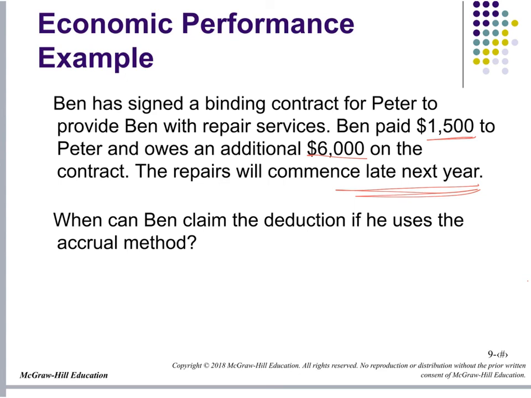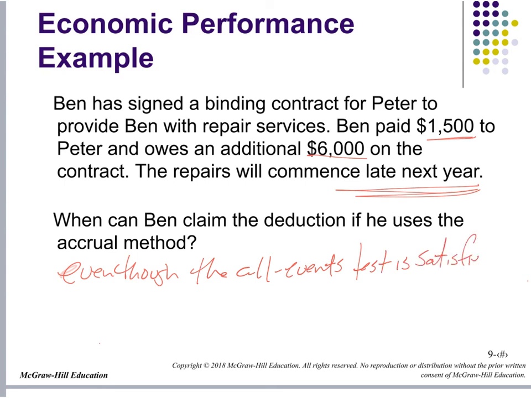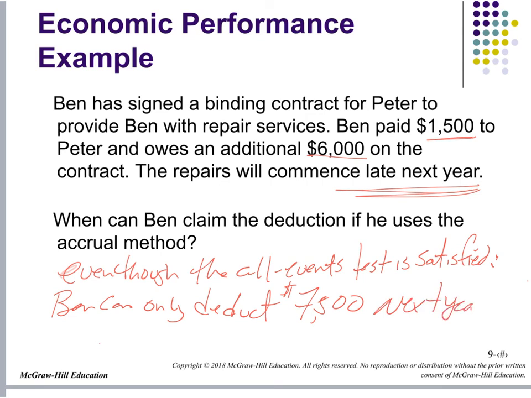Okay. Here we go. So even though the all events test is satisfied, Ben can only deduct the $7,500 next year.